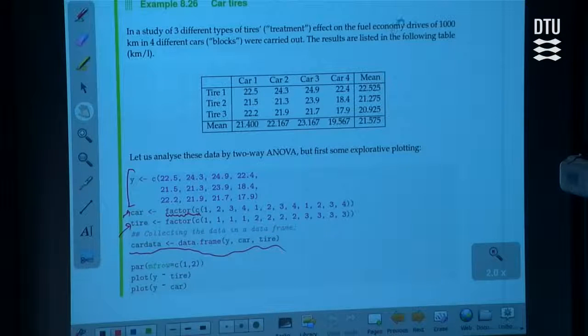Fuel economy, drives. So it doesn't tell us much, but why don't we speculate that these are kilometers per liter? It does say kilometer per liter? Okay, thank you. So they are, as they always do in the car industry, looking very nice when you test them.